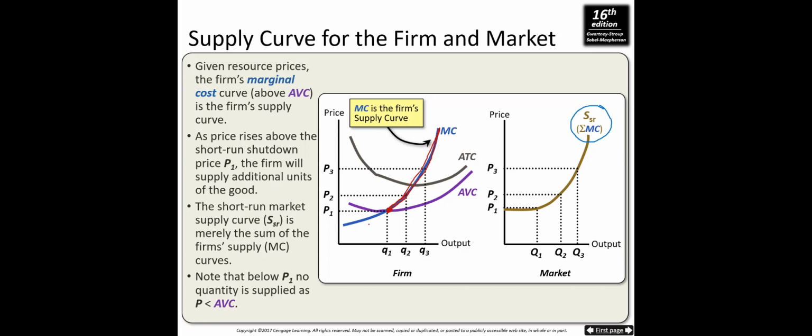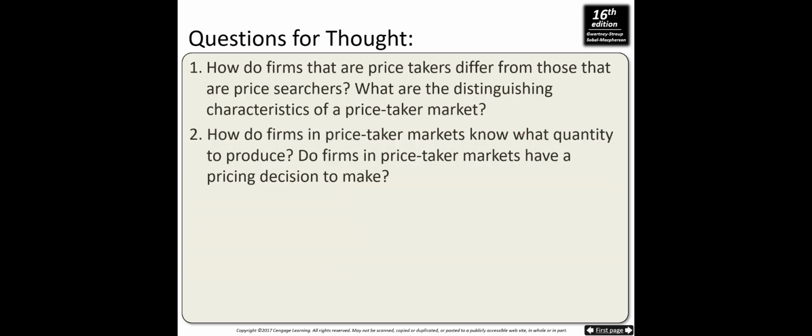There's no production below P1. So the market short-run supply curve starts at P1, it's horizontal at P1 because there's no production below P1, and then it increases. So here you can find some questions that you can answer on your own.